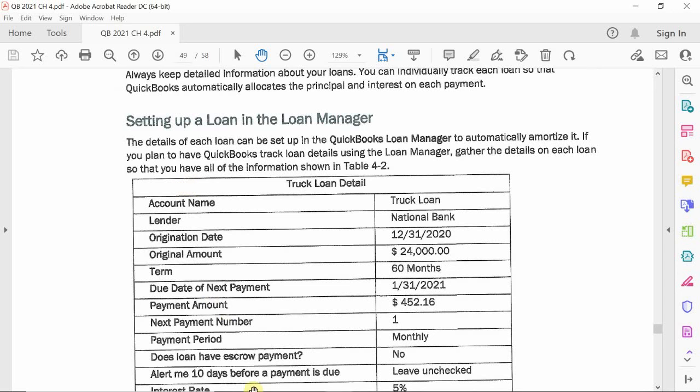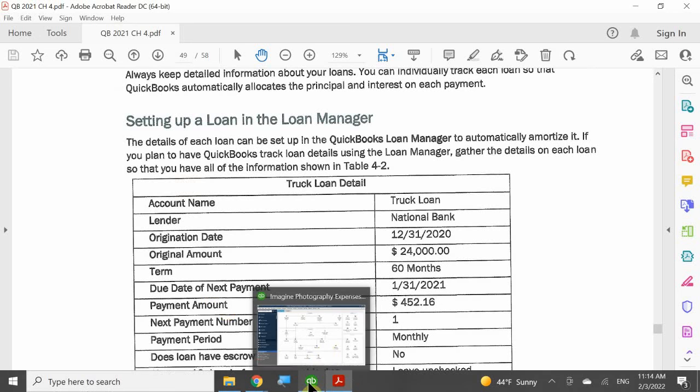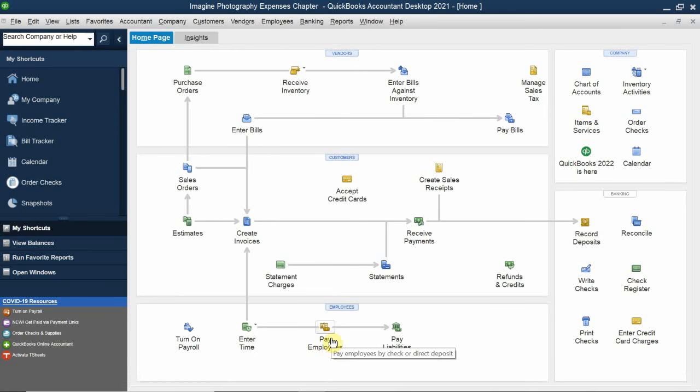Before even starting, you need to enter in your loan in your chart of accounts, and you need to put in the amount that you owe. What this loan manager does is it just helps you process the interest, and it also helps you make your payments on time and so on and so forth. But it doesn't actually enter the loan in. You're going to have to enter that in manually.